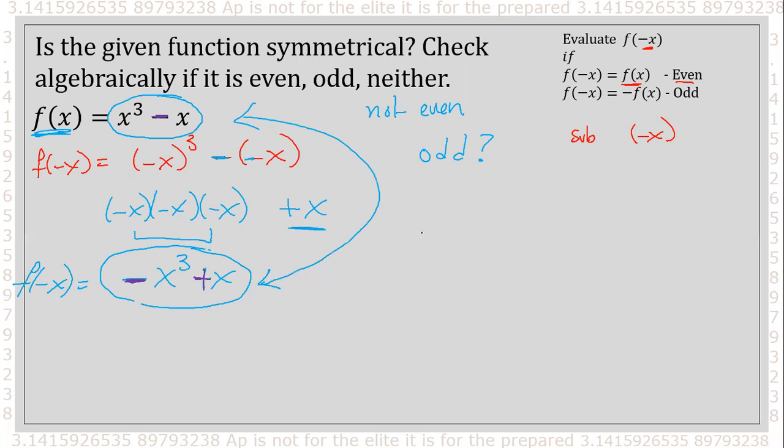So in this scenario, this has symmetry that is odd. Okay, so very quick check. If you substitute and it gives you the same as the original, it's even. If you substitute negative x and all the signs change, then it's odd.